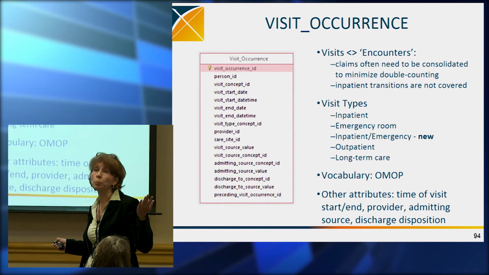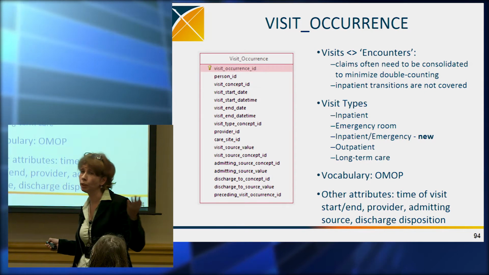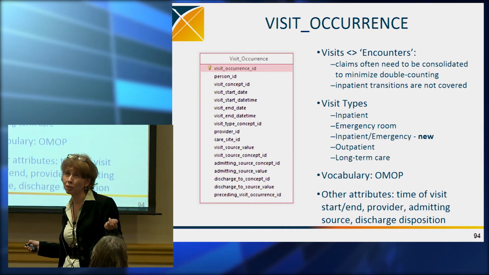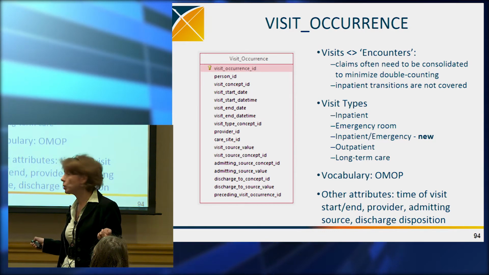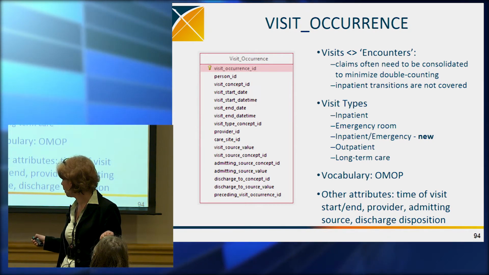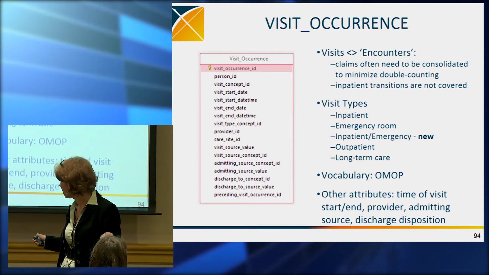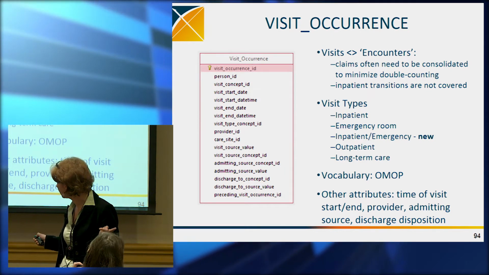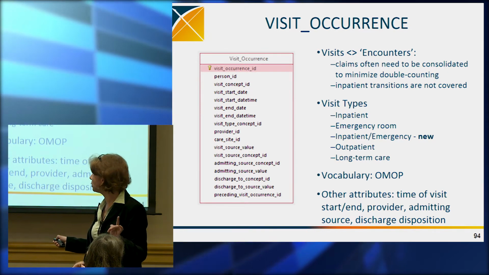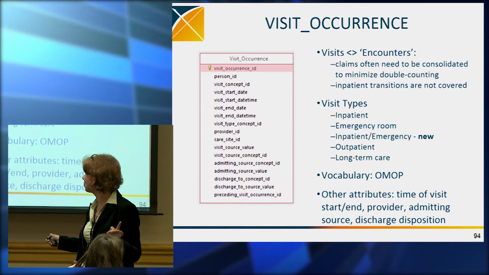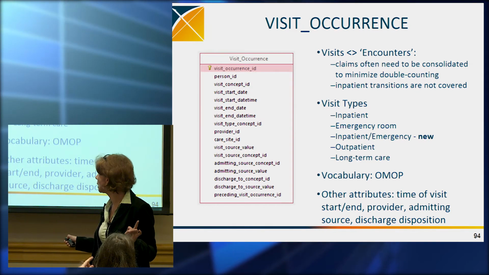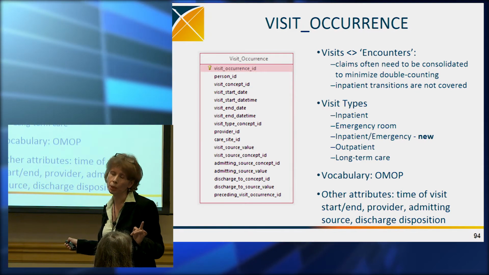We have, for example, one of the locally coded discharge destinations. And if there is a coding system for that, that would be represented using admitting source concept ID. Actually, here we don't have that, because these local systems don't have a standard. So we only have the standard concept IDs, which are admitting source concept ID and discharge to concept ID.